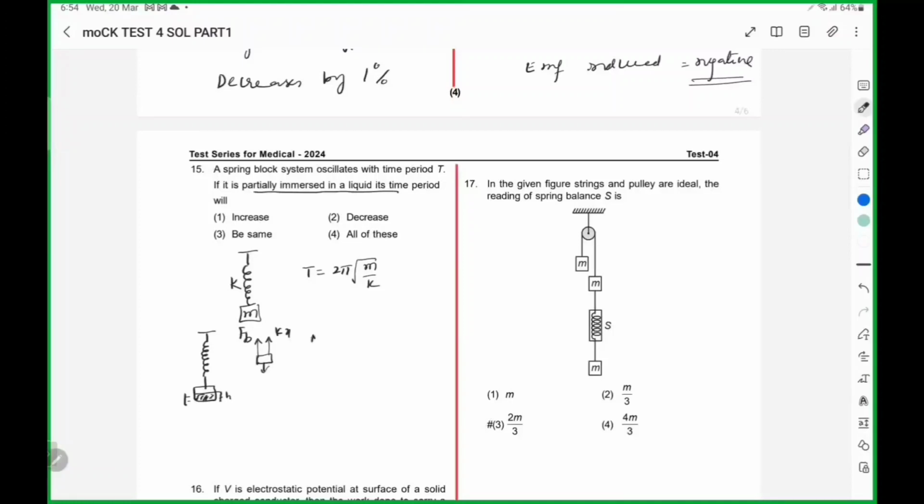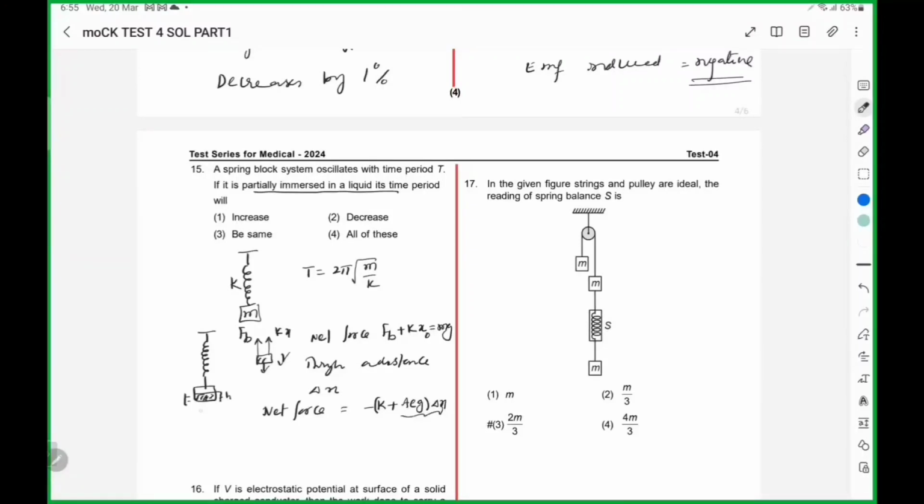Initially net force will be in upward direction, and x naught is the displacement of the spring. When it is slightly displaced from the mean position through a distance delta x, then net force becomes minus (k plus a rho g) of delta x.